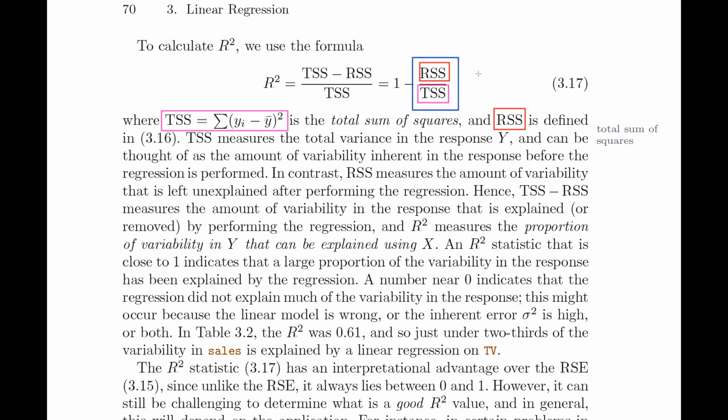We're not going to have units over here. Variability against variability. The lower the blue is, the closer R squared is to 1. So you want it as close as possible to 1.